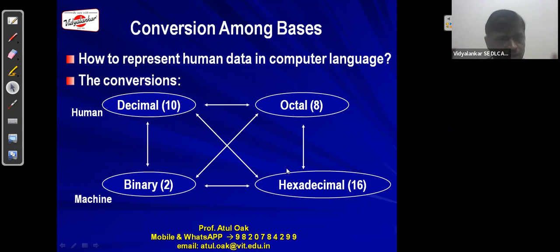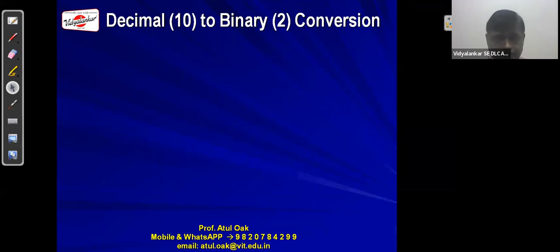Total 12 conversions. Okay. You know why we need to do conversion? How many types of conversion? 1, 2. Okay, and let's immediately start with those conversions.